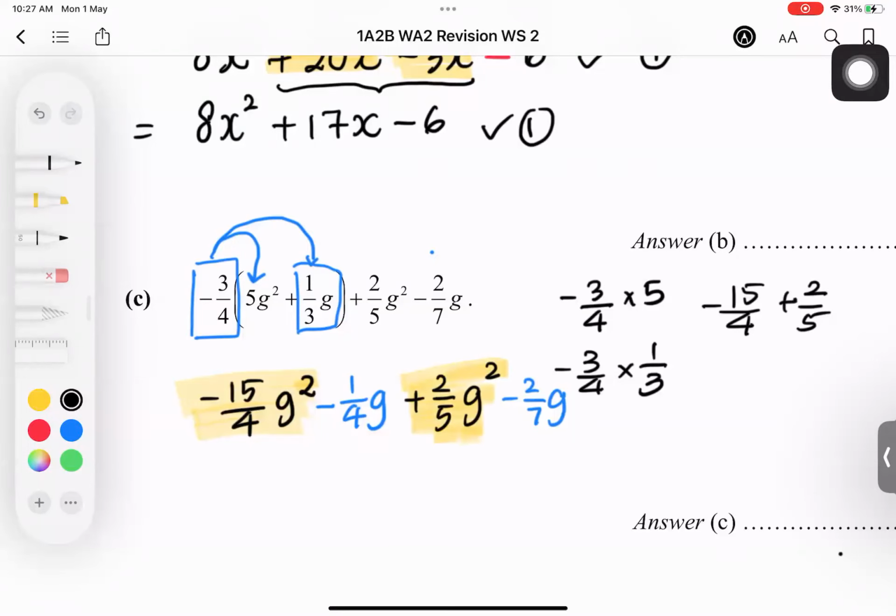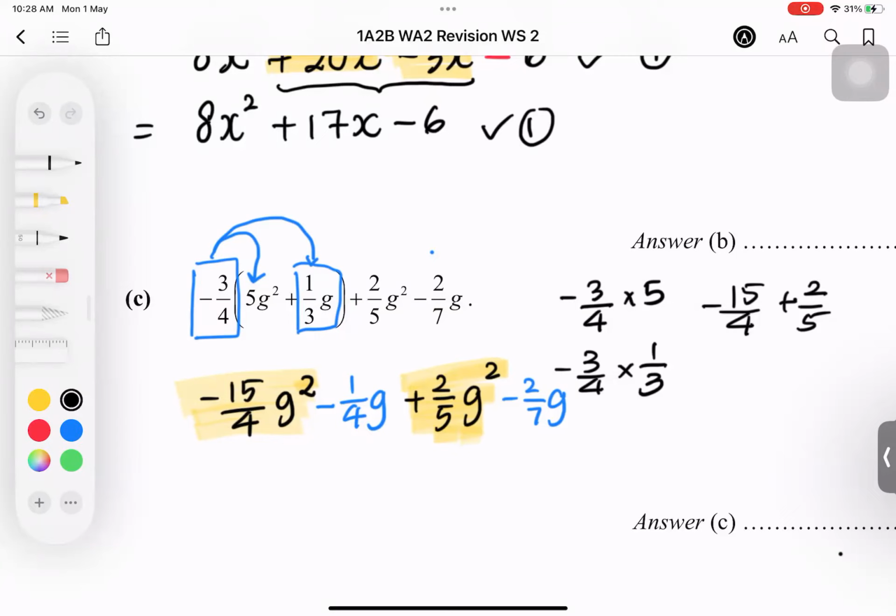Zia, what is -15/4 plus 2/5 in your calculator? Zia, is she there? She has not switched on her mic, is it?